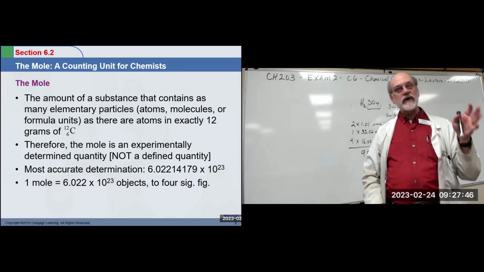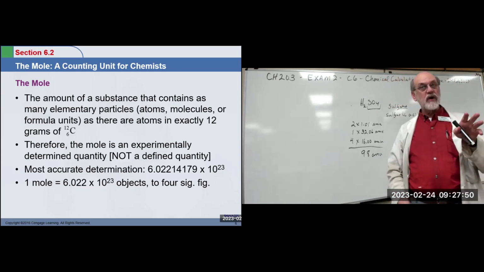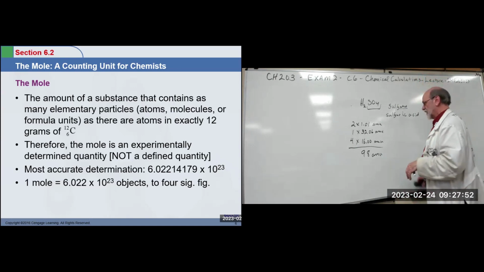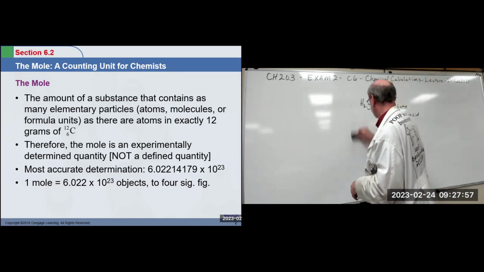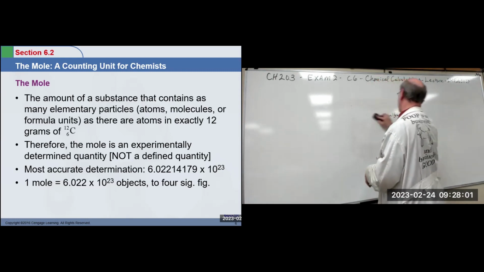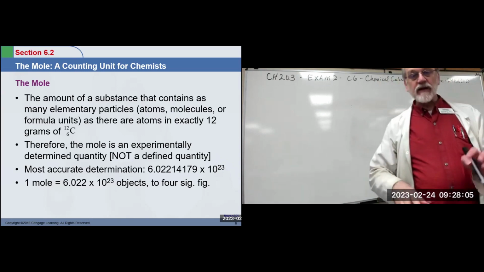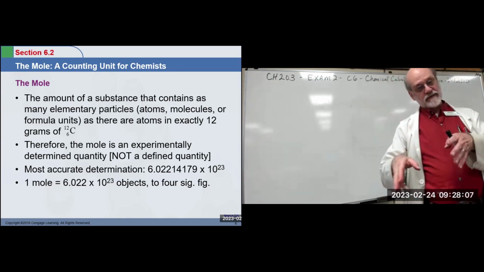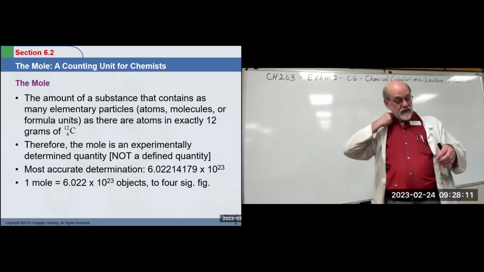So we need another unit. So we introduced this unit called the mole. And that's not the little furry creature that digs up your front yard. In chemistry, the mole is just a number of things. Now, there's an analytical reason that it is that number, right? But we don't have time to go into that right now. We just have to accept the number as true.